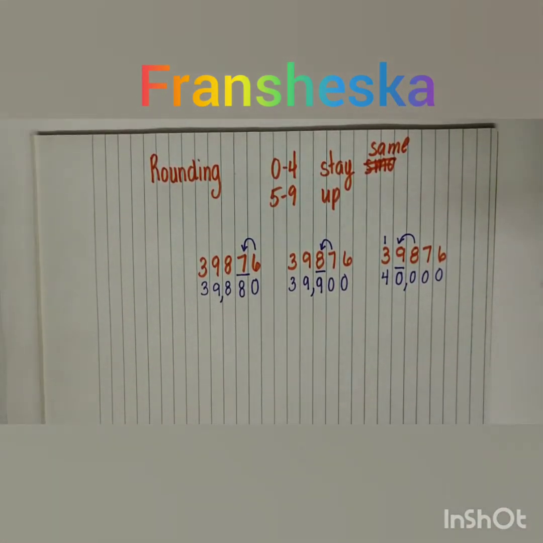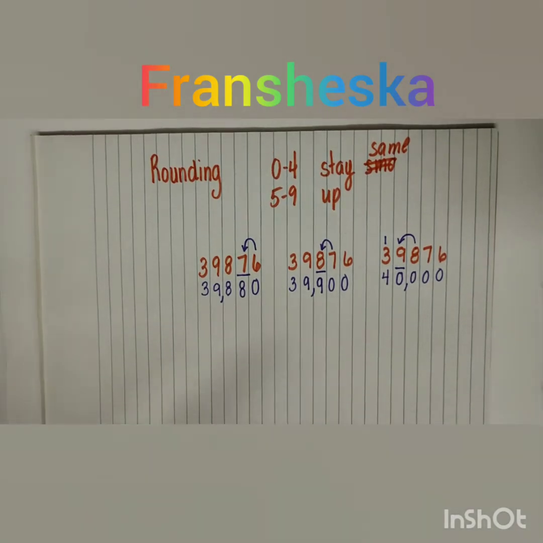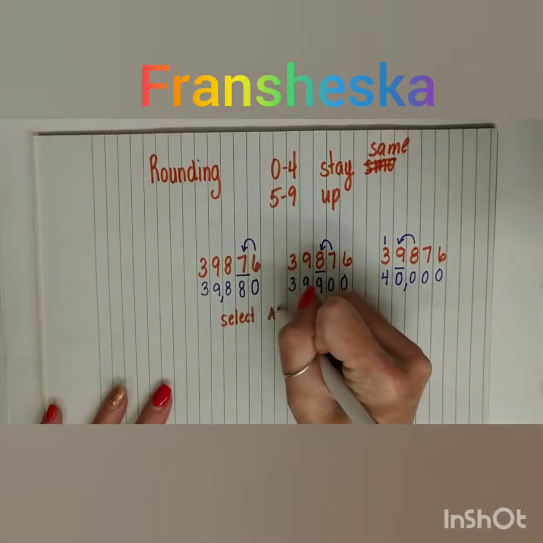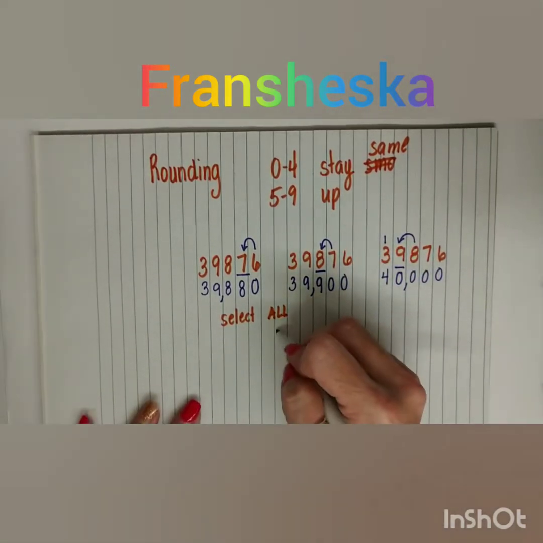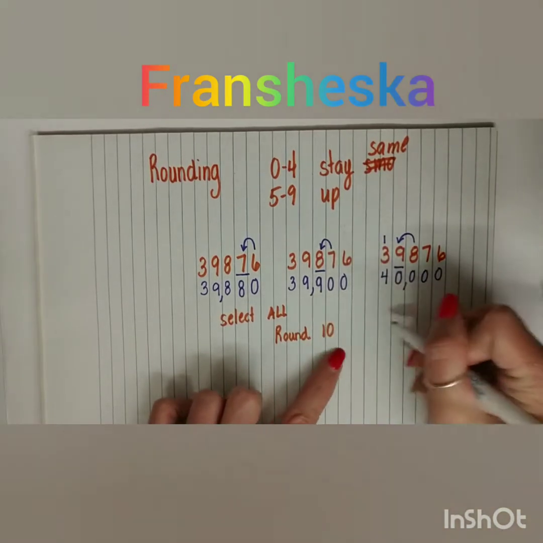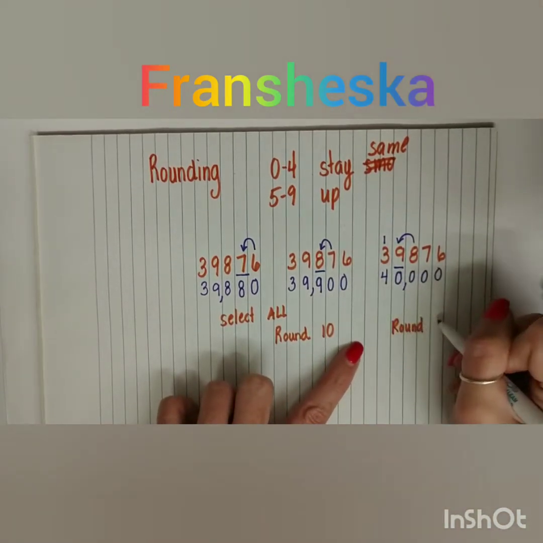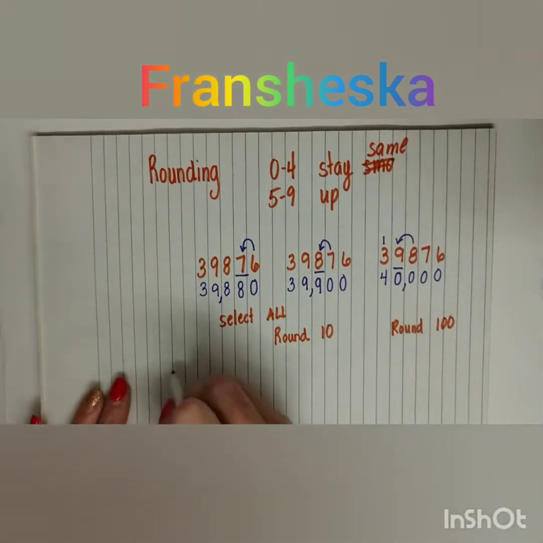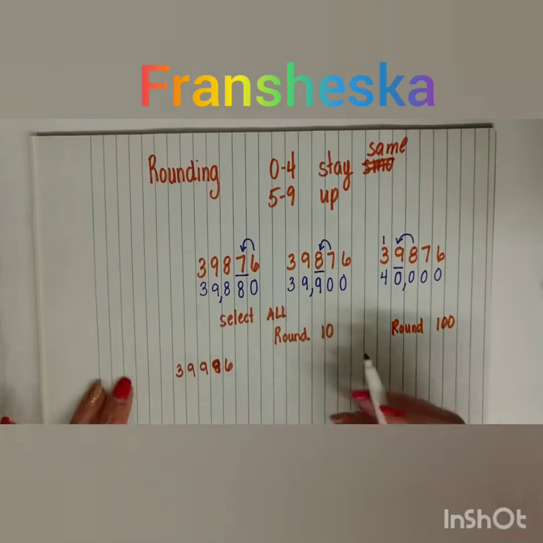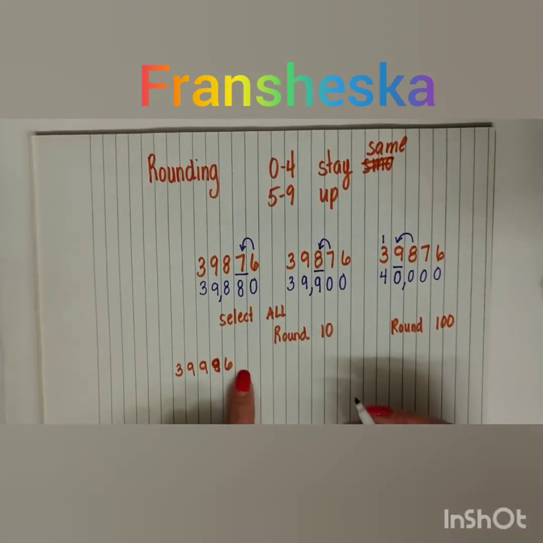All right, so now let's look at another number. So there will be questions on FSA that will be select all that apply. So this is select all, and it's rounding. So here we have rounded to the tens, rounded to the hundreds. And it's going to give you, so let's say our number is 39,996.